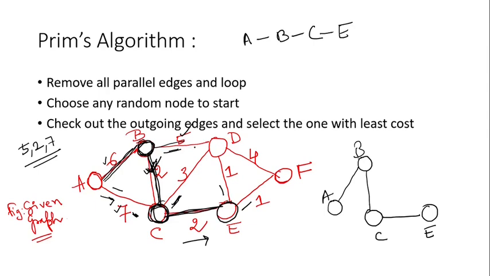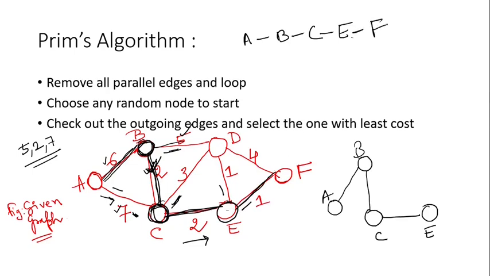Out of all these, you can see that ED and EF are the minimum. Either of the edges you can choose. Let us choose EF, because both are the same.